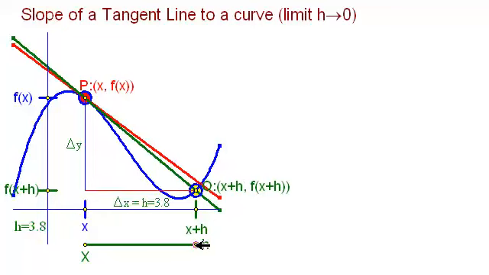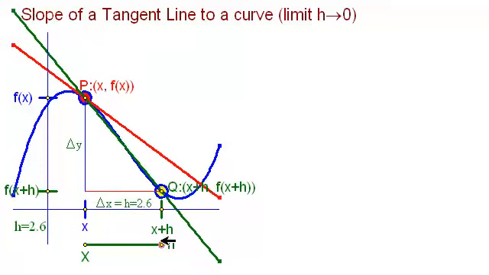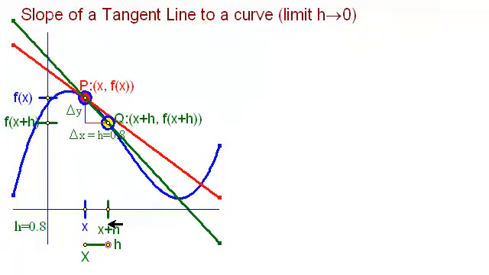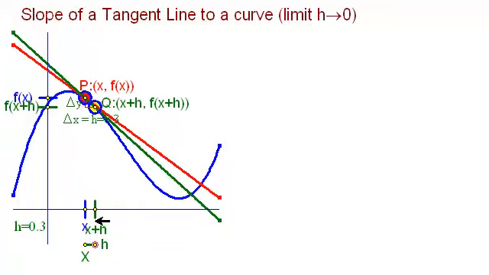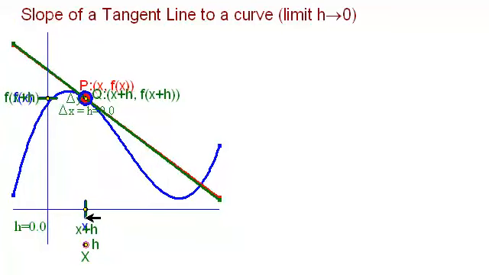What happens if this new point, which is point Q, moves towards the given point, which is P? Then the green line, which is the secant line, becomes the tangent line. The green line becomes the tangent line. And this is the approach we are going to use.